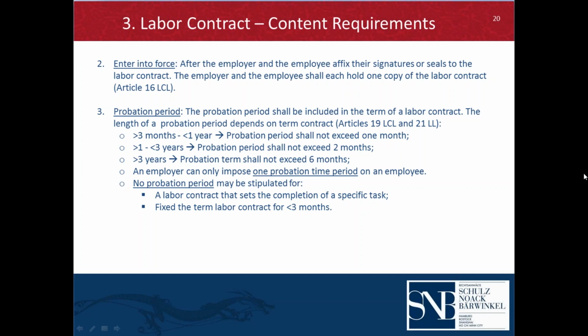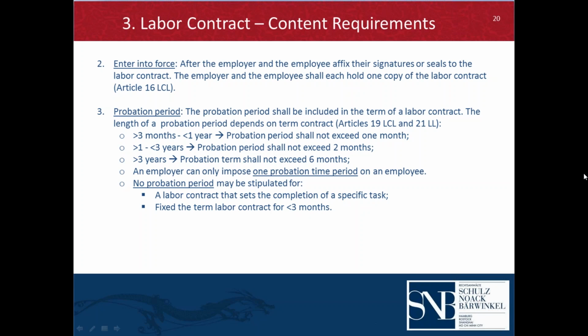That means maybe after the term has expired and you want to enter into a new labor contract with them, you should not have the probation period this time. And if you have a labor contract which is shorter than 3 months, or if it's only with regard to the accomplishment of certain tasks, then it is not allowed to have a probation period at all.